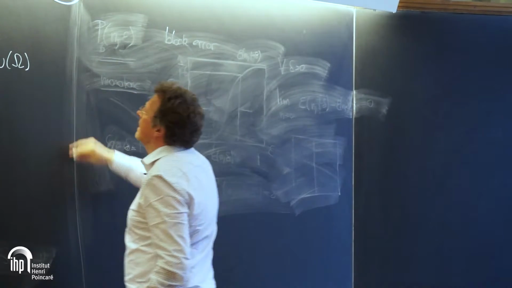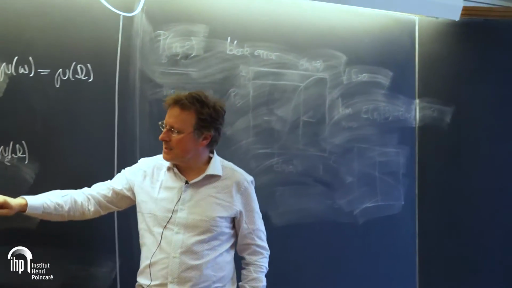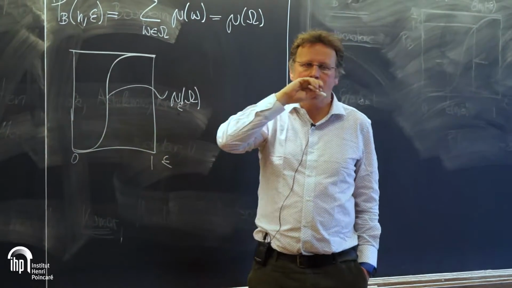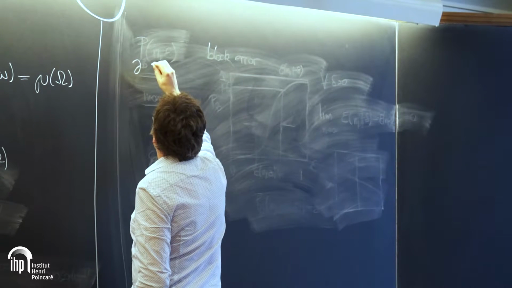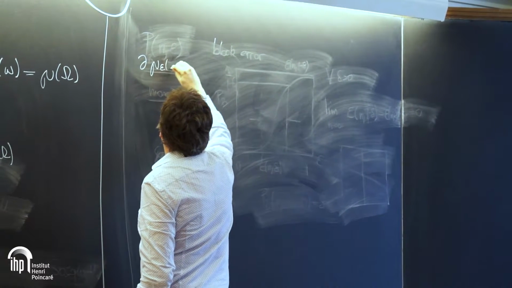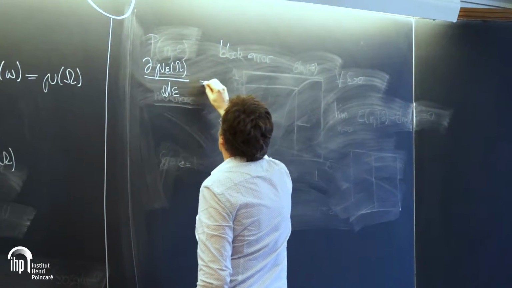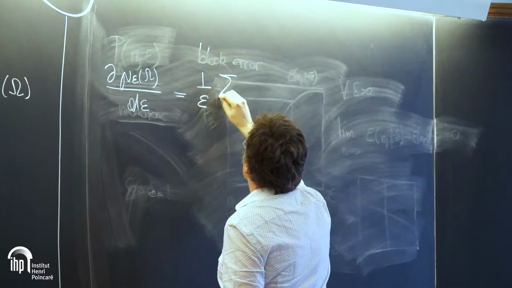Well, what the inequality says is the following. We would like this to be very steep here, right? And so this inequality, let me first write down, says the following. If I'm taking the derivative of this mu with respect to the epsilon, then let me first write it down.